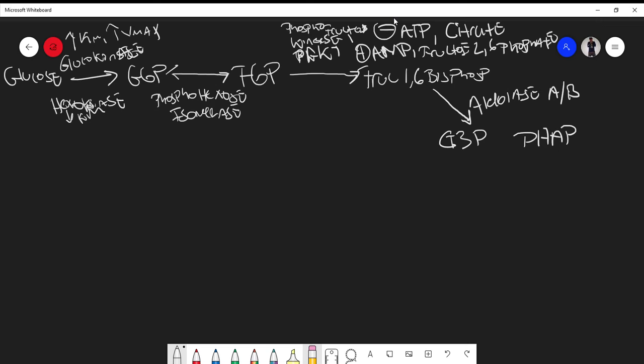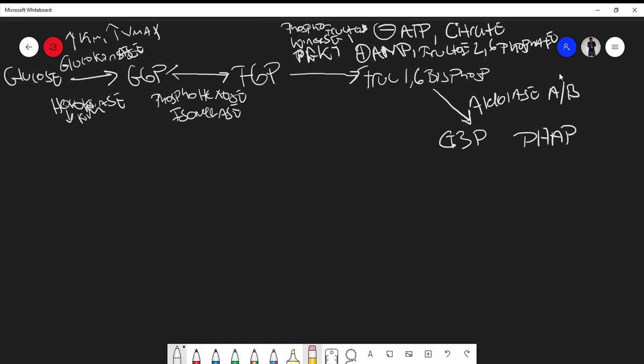Now, aldolase A is important for the muscle. So aldolase A is actually in muscle, whereas aldolase B is used for the metabolism of fructose. Right? So that's the difference. Again, for maybe an undergrad institution, you guys just probably need to know that there's just aldolase that cleaves them.